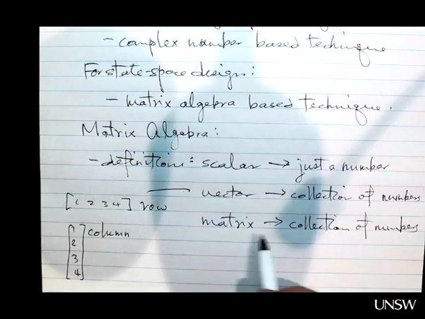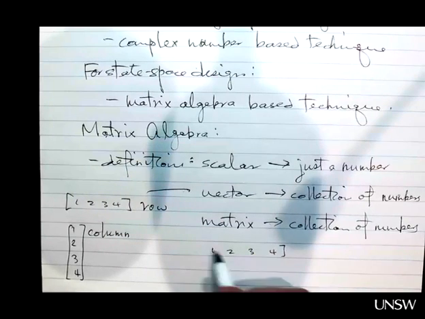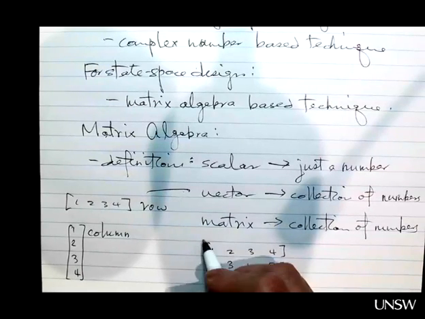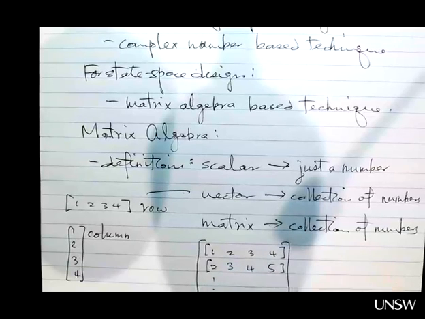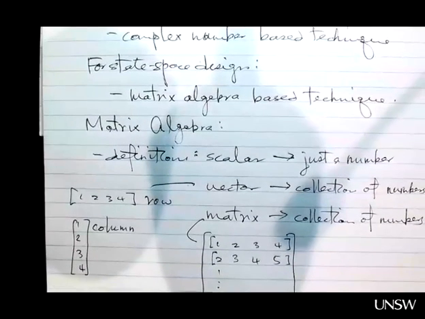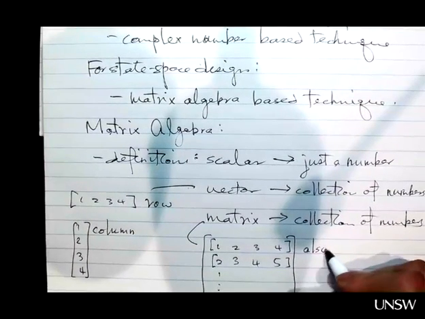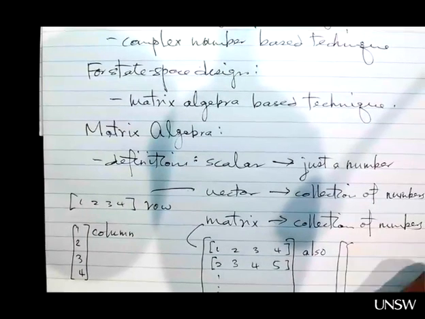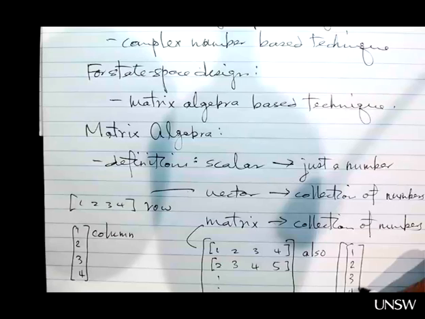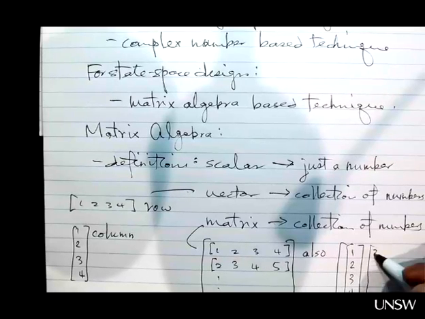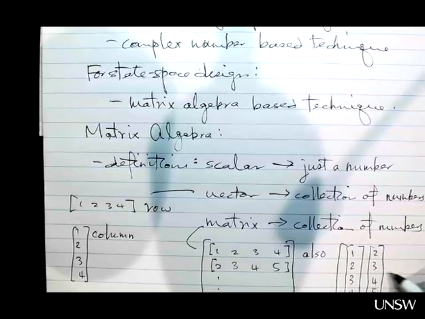And then for a matrix, we have, for example, 1, 2, 3, 4. One row. And then 2, 3, 4, 5, etc. So it is a matrix. And then we also would have in rows 1, 2, 3, 4, okay, and then 2, 3, 4, 5, etc.